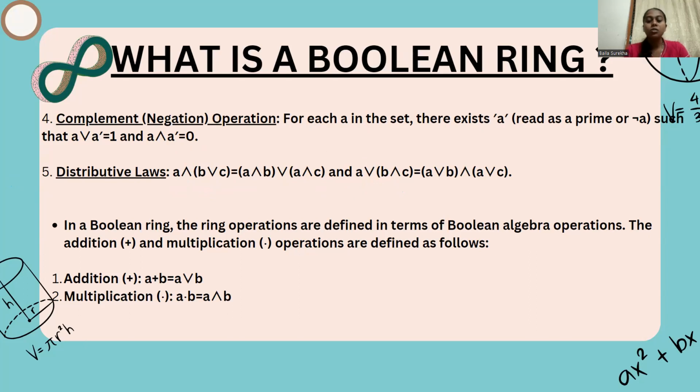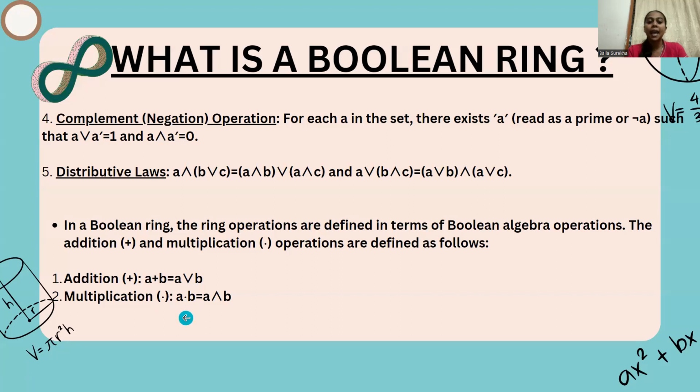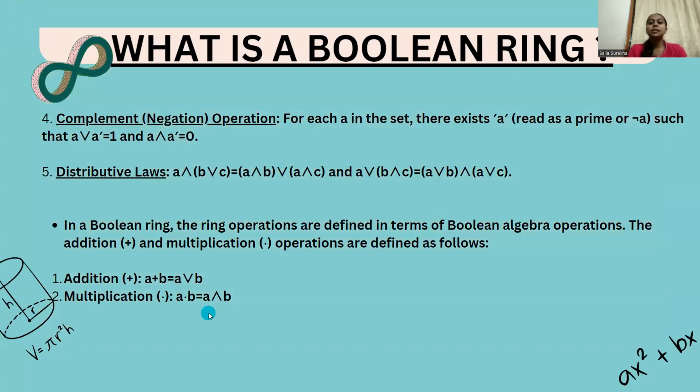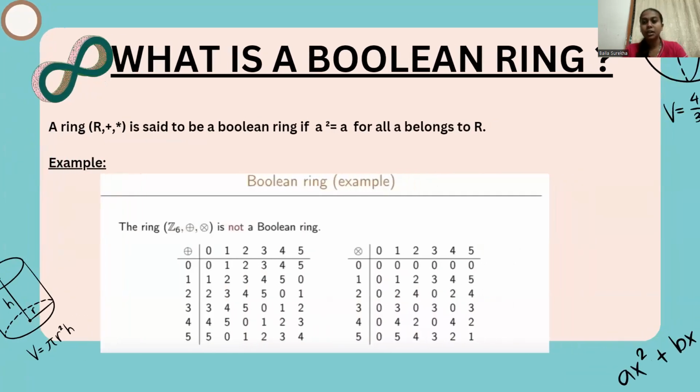And also, a Boolean ring gives us Boolean operations, mainly addition and multiplication. We know that addition is nothing but A or B; the OR operator gives the addition, and A and B gives the multiplication. So A plus B is equal to A or B, and A dot B is equal to A and B. Now let's see an example so that we can understand the Boolean ring in an easier manner.